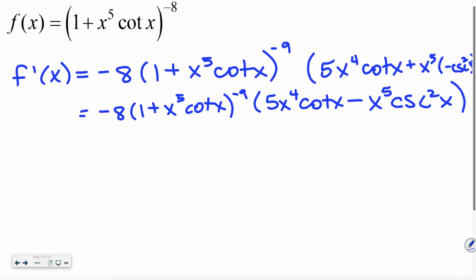But that's our derivative, and you can stop right there. Not on this, though. Once we get into unit 3, you're not going to have a choice of stopping because you're going to have to get all the algebra worked out.